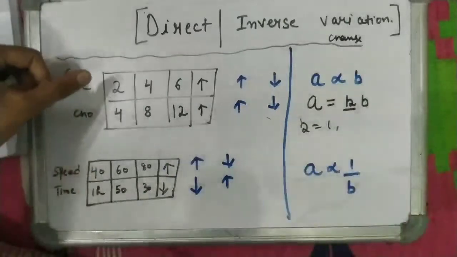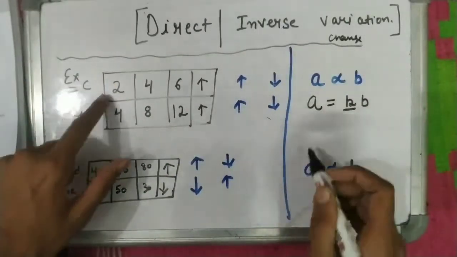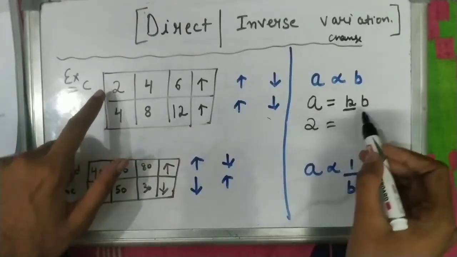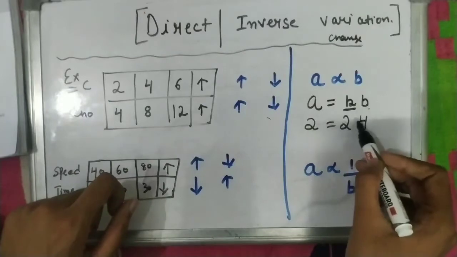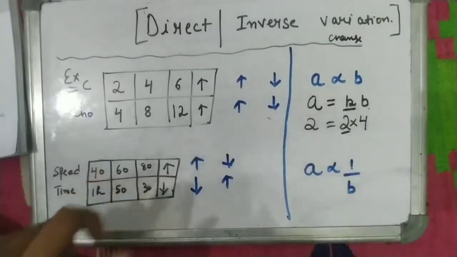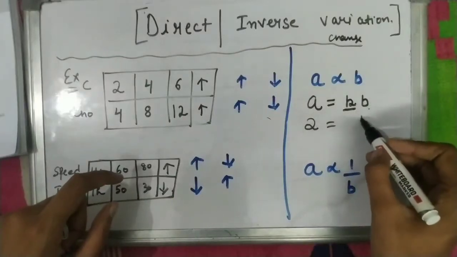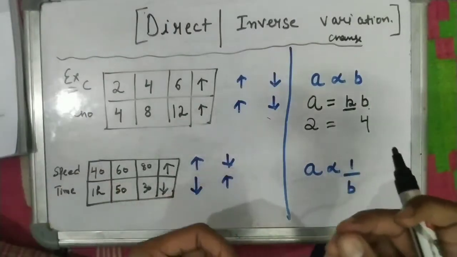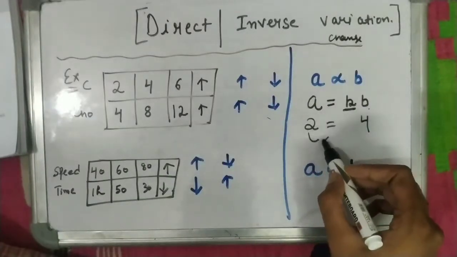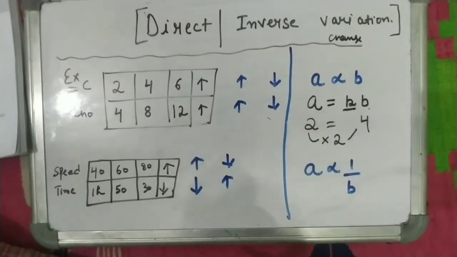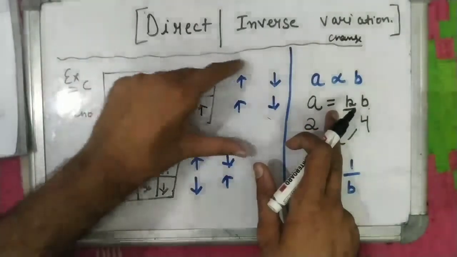For example, here the value of A is 2, the value of B is 4, and the value of K is also 2. Sorry, I mean to say that the value of B is 4. But how does B become 4? When we multiply this number with 2. And this value of K is equal in all cases.